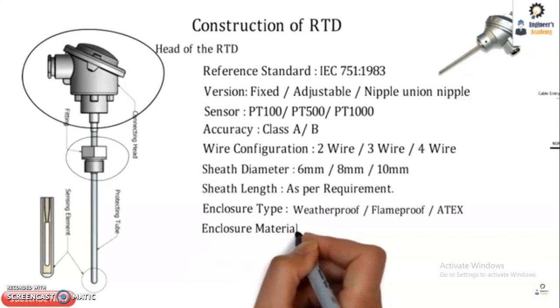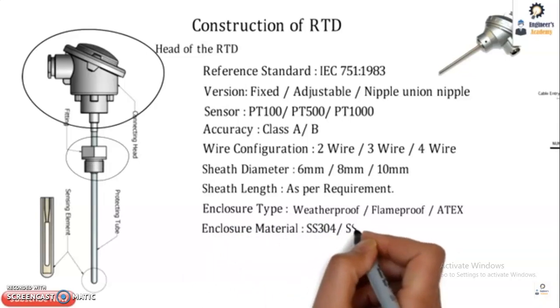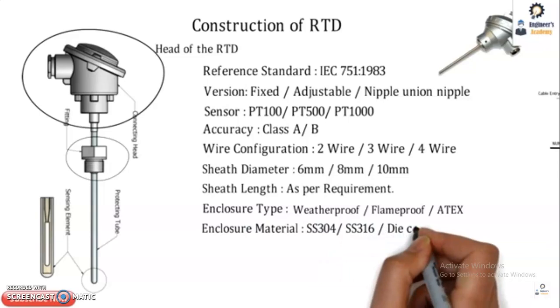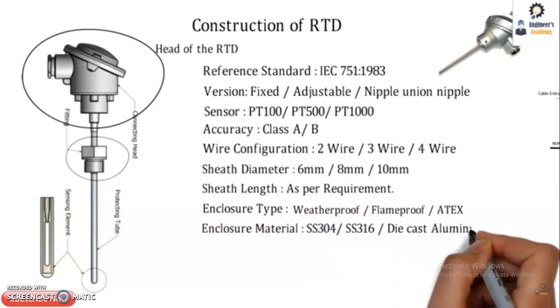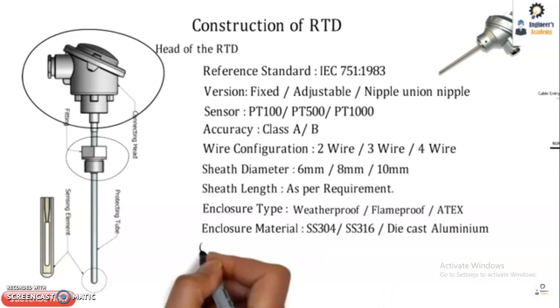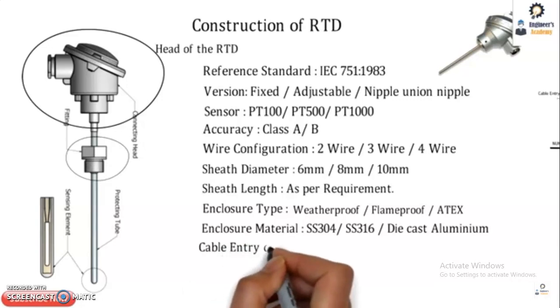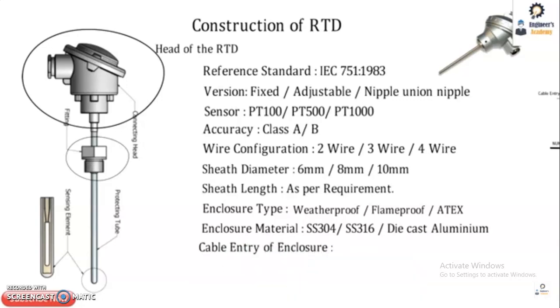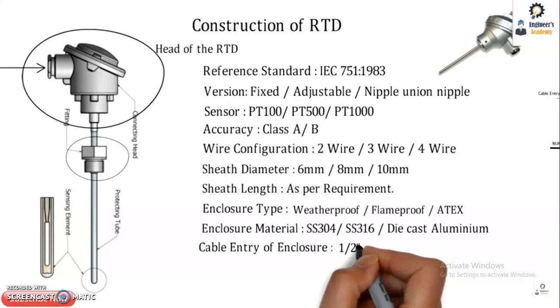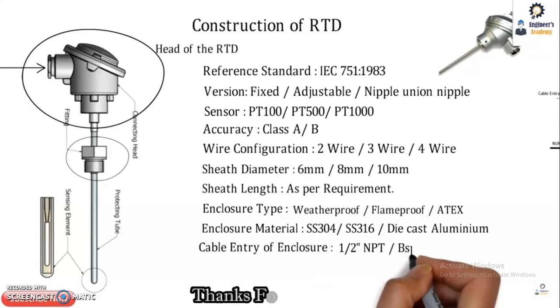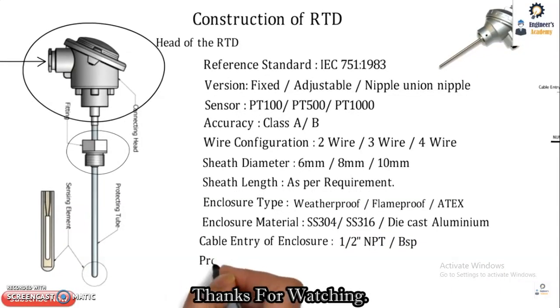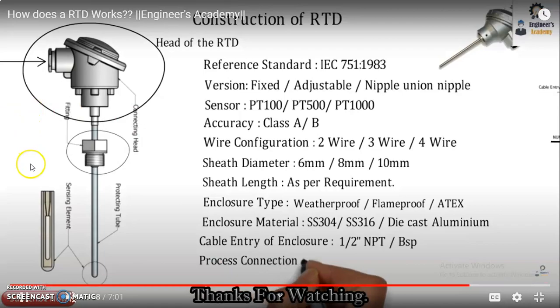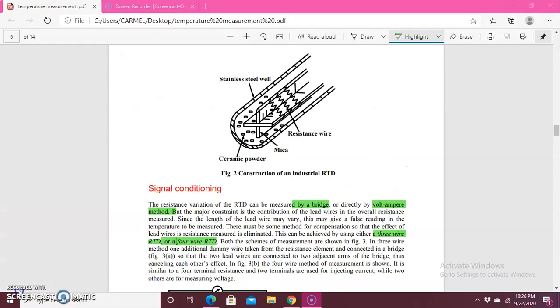So what material we are using for the enclosure, and whether weatherproof or flameproof, matters. Actually, I have taken this material from Engineers Academy. If you want, you can look at this. This is how the construction looks here.